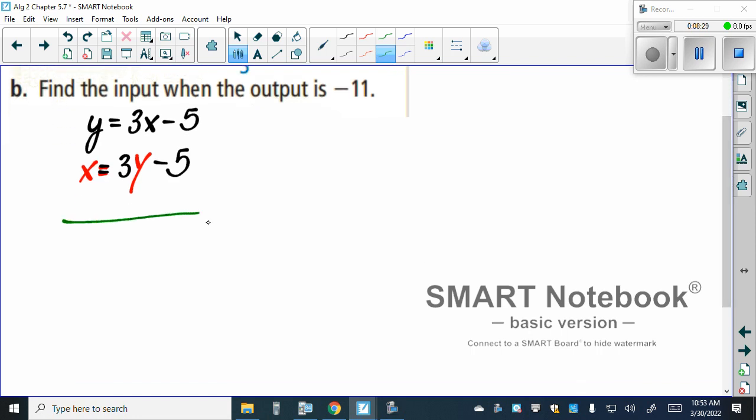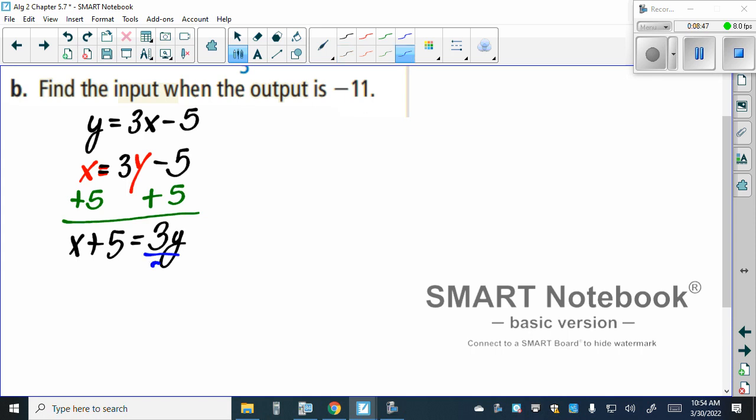We can add 5 to both sides, which will tell us that x plus 5 is equal to 3y.